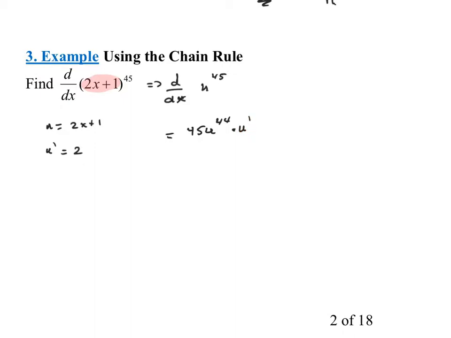And so in this case, it would be equal to 45 times, what was u? U was 2x plus 1 raised to the 44th times u prime, which was a 2. Well, 45 times 2 would be what, 90? So this is 90 times 2x plus 1 to the 44th. And there's our final answer, and we're done.